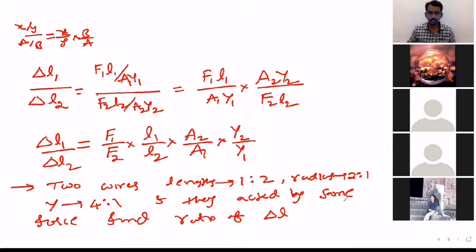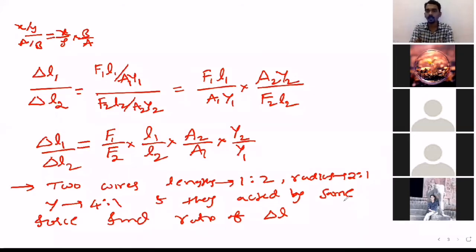The question is, two wires are there. Their length ratio is given, radius ratio is given, and Young's modulus ratio is given. Also they mentioned that they are acted on by the same force.